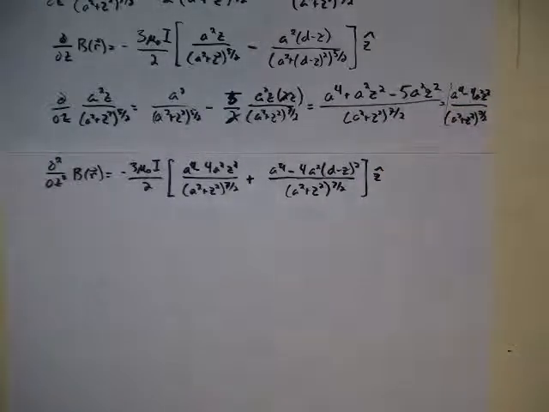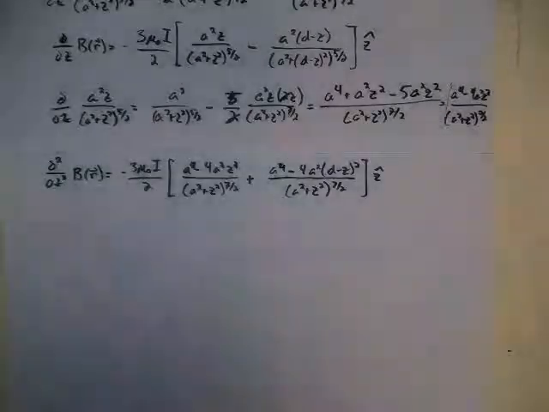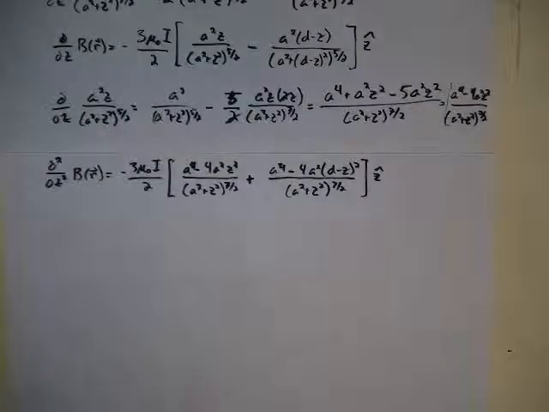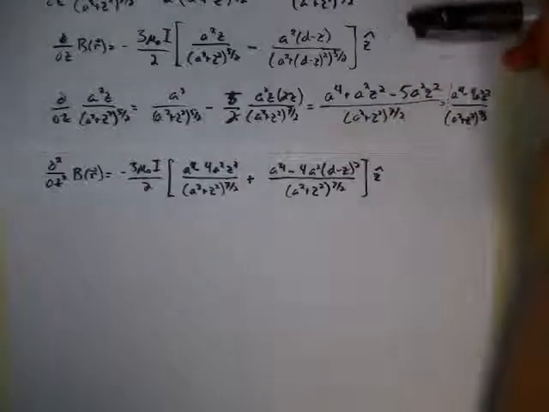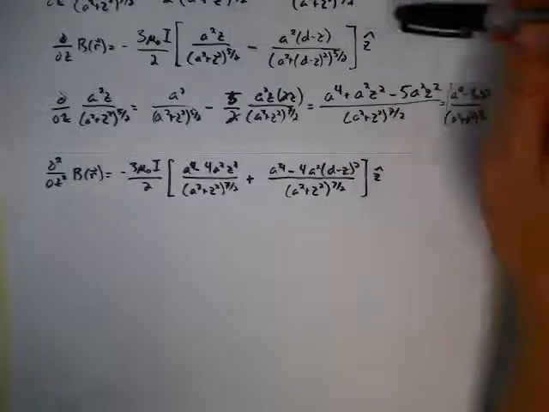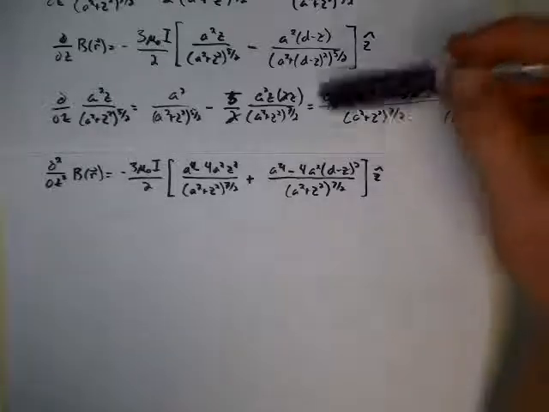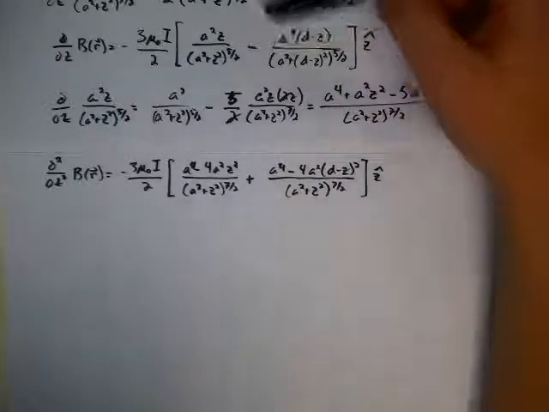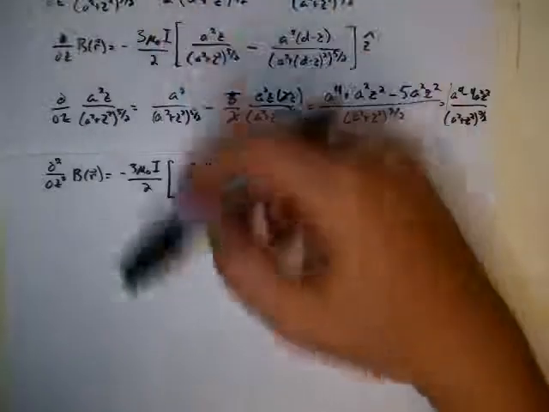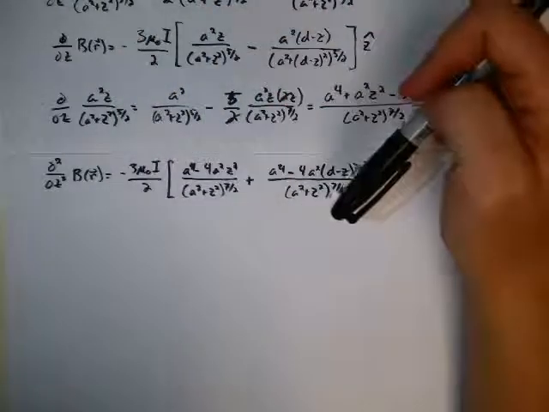Okay. Now, for the final trick, the expression does not find the magnetic field and the first 3 derivatives everywhere along the axis. It's only at the halfway point. We only had to do it everywhere along the axis in order to take the further derivatives.